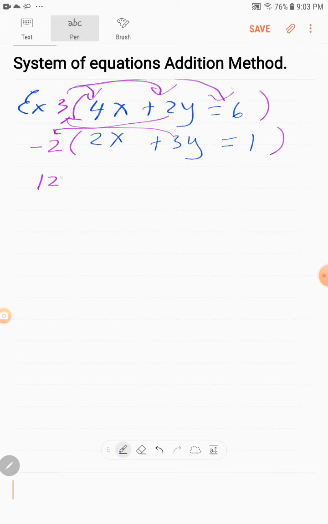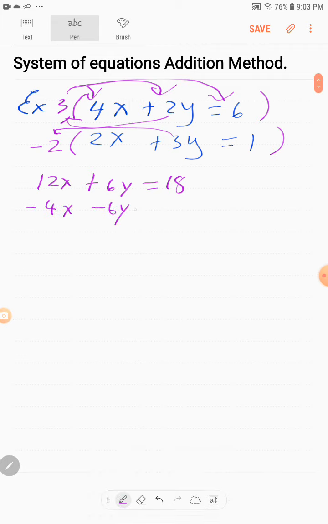So we have 12x plus 6y equal to 18. And the second equation after distribution will become minus 4x minus 6y equal to minus 2.